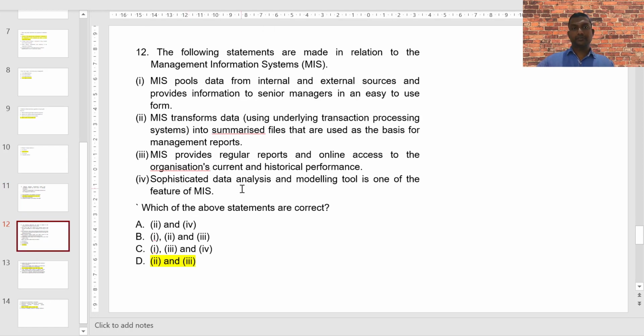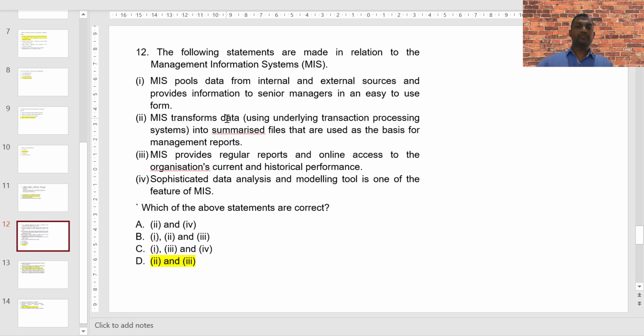Question number 12. The following statements are made in relation to the management information system. So what are the 4? 1. MIS pools data from internal and external sources and provides information to senior managers in an easy to use form. 2.